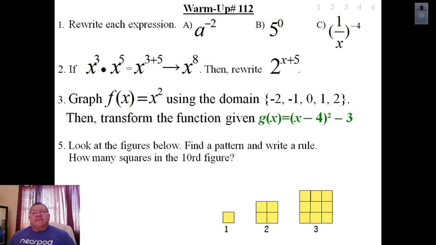How many squares in the 10th figure? Figure number 1 has 1 square, figure number 2 has 4 squares, figure number 3 has 9 squares, and they're in a squared form. So go ahead and copy that. I'll give you some time.